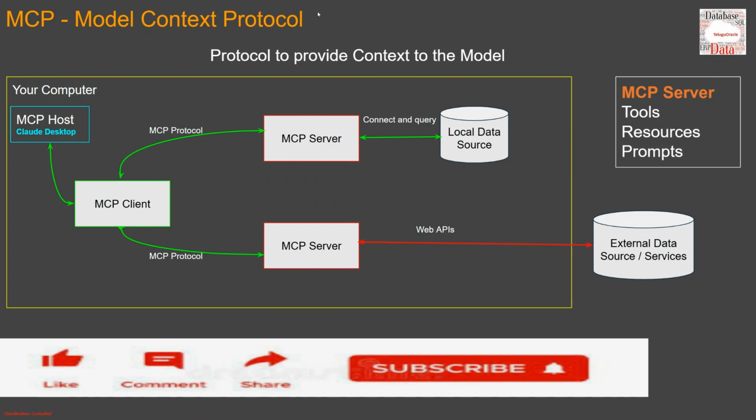You can read further into it. There are a number of YouTube videos on Model Context Protocol, but simply remember that it is a protocol to provide context, in the sense of which tools to use and which resources to use, to the large language model.